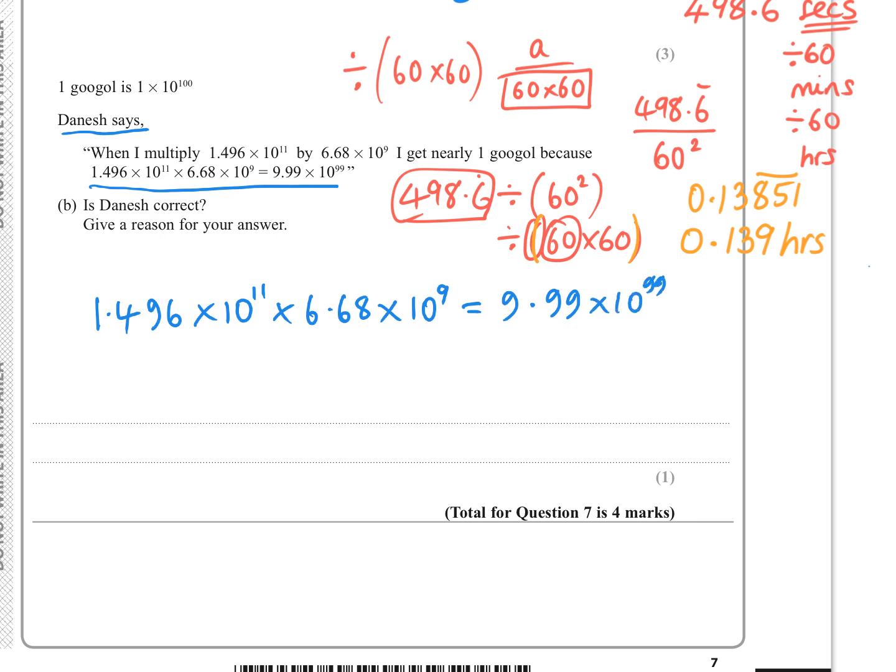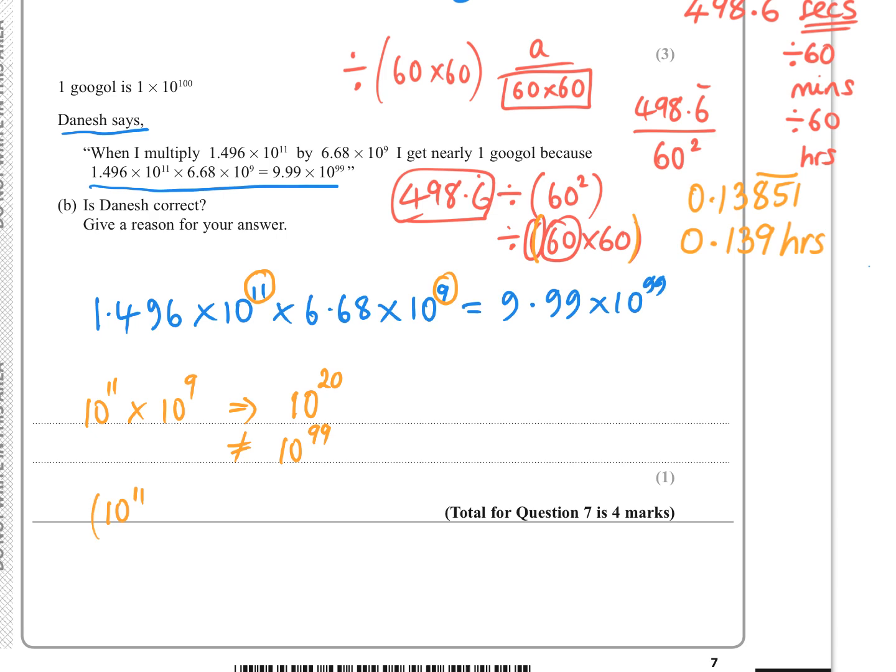And we've got to say, is that correct or not? Well, to be honest with you, if you're thinking that we times these powers together when we're multiplying, if we took 10 to the 11 and timesed it by 10 to the 9, surely you remember that that's going to be 10 to the power of 20, not 10 to the power of 99.